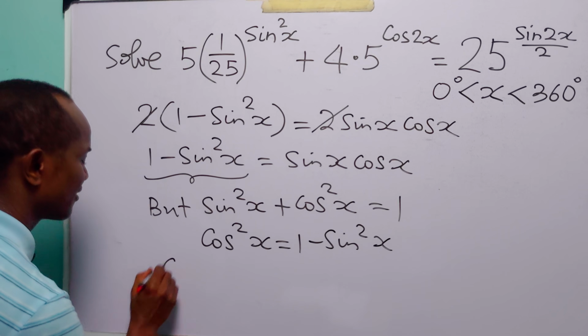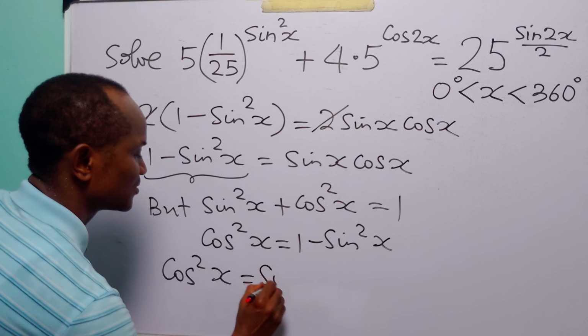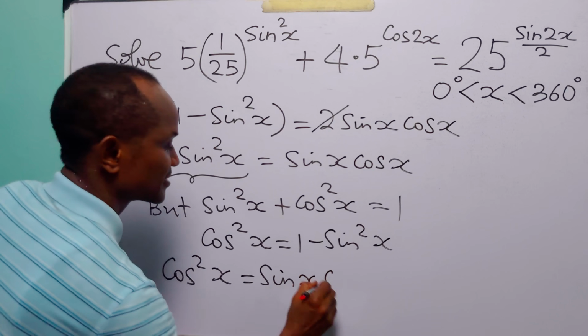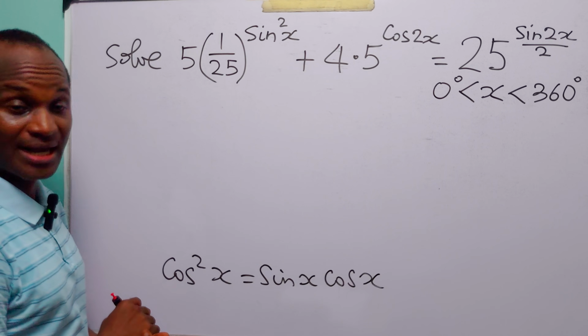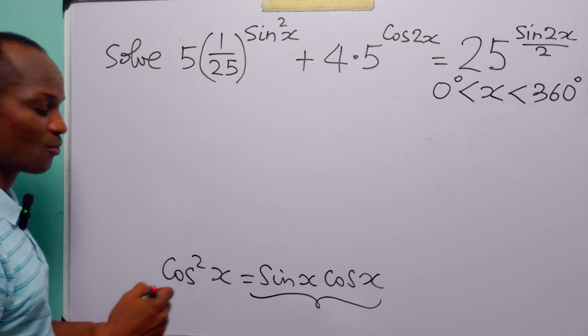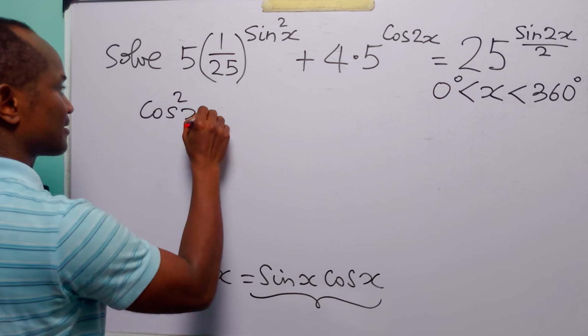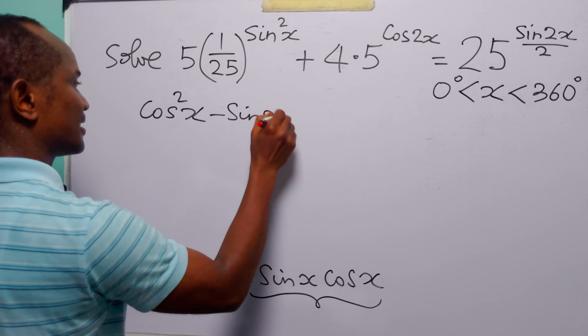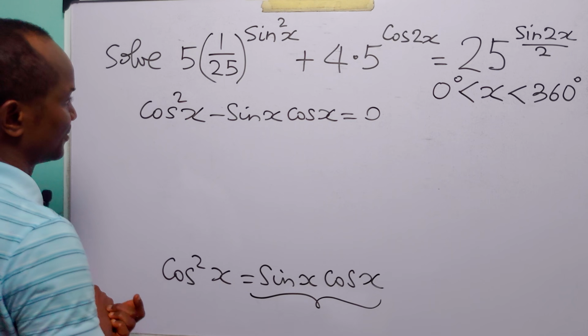When we do that, we have cos squared x is equal to sin x cos x. And finally, let us move this term over to the left hand side. When we do that, we have that cos squared x minus sin x cos x is equal to 0.